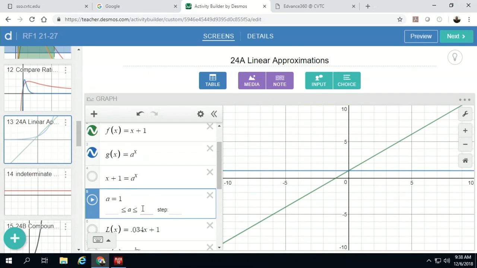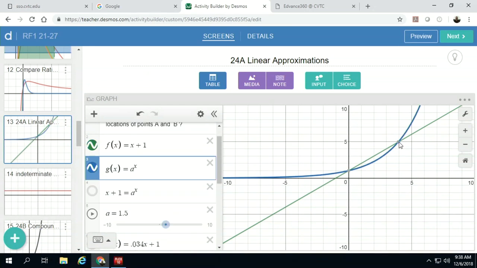It doesn't surprise you that it goes straight across. I'm going to take 1 to the first, 1 to the second, 1 to the third, 1 to the fourth. Okay. The distance between A and B is 0 because they don't cross each other, right? But we want to make it bigger than that. So let's go to 1.5.